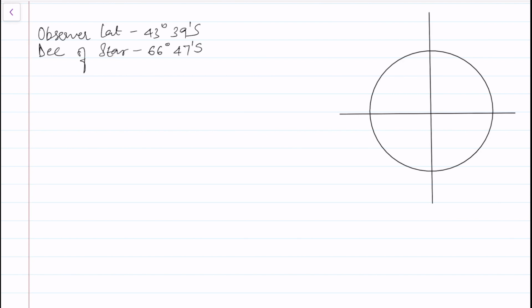Since the observer is in southern latitude, we'll have to tilt the south pole, and the observer's latitude is 43 degrees. So let us consider this should be half of 90, so approximately 45 degrees. So this becomes the equator.